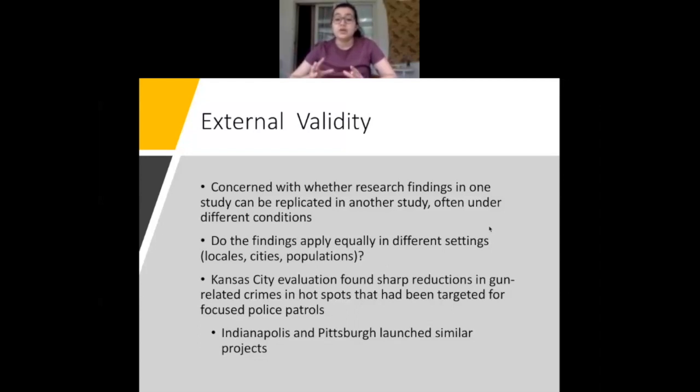And so whether or not your findings can be generalized to a larger population, or to populations that are similar to yours but in different contexts, is the external validity.